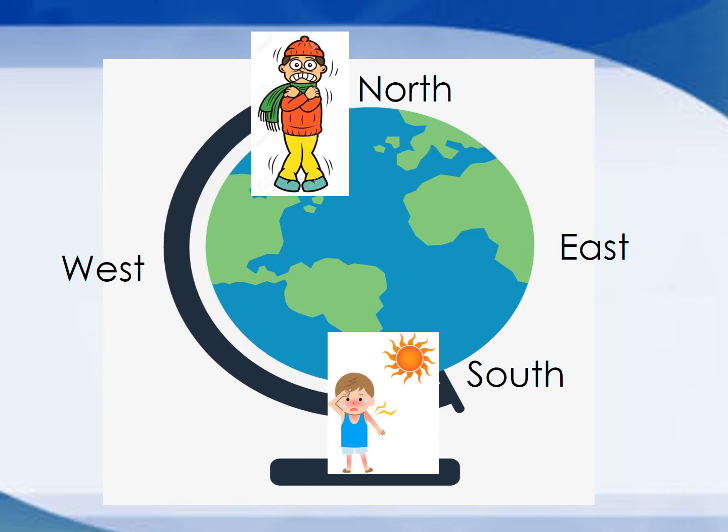It is the same in the east and in the west. If it is spring here in the east, that means in the west it is fall. So the seasons are opposite. They cannot have the same season at the same time.